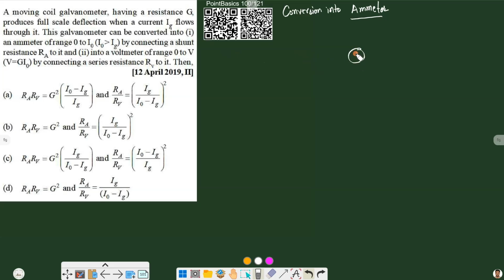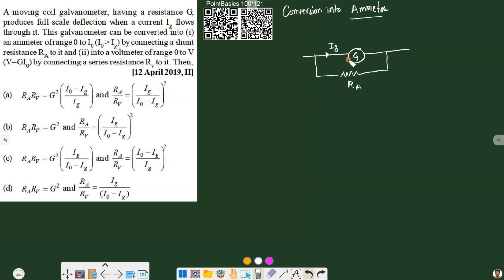So the galvanometer is here and we know its maximum current can be Ig, and to convert it into an ammeter, we will add a shunt resistance Ra as mentioned. And we have to find the values.